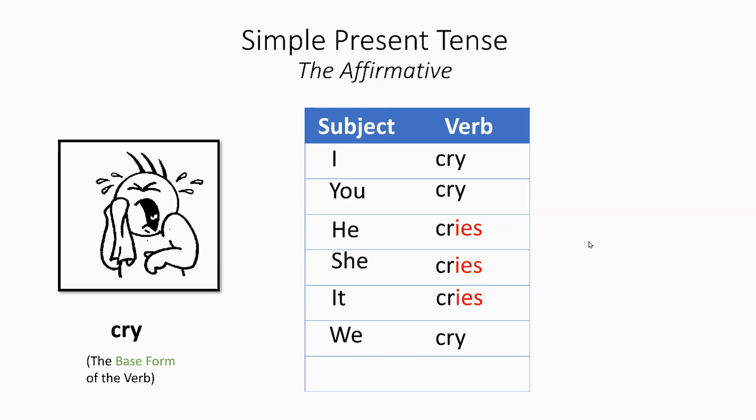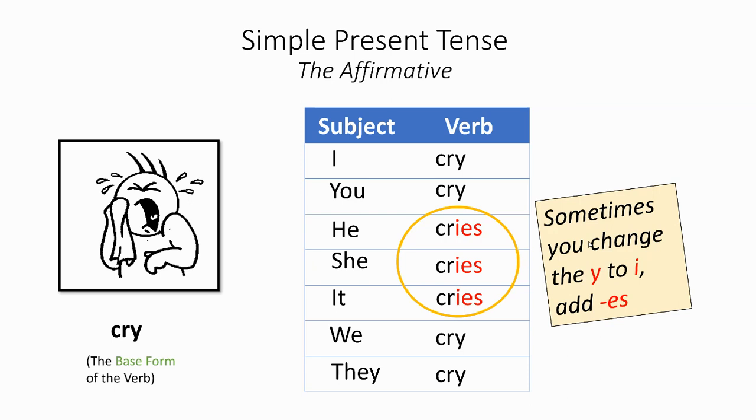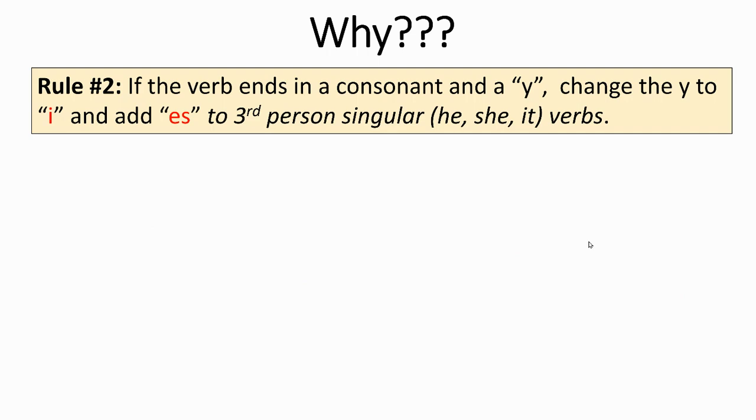We cry. They cry. Again, this is different. IES. So sometimes you change the Y to I and add ES. Why? Well, rule number 2.